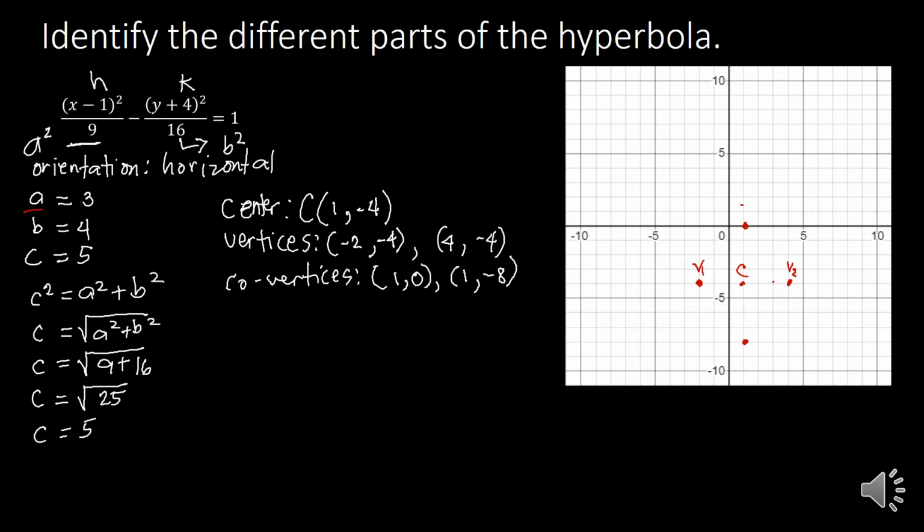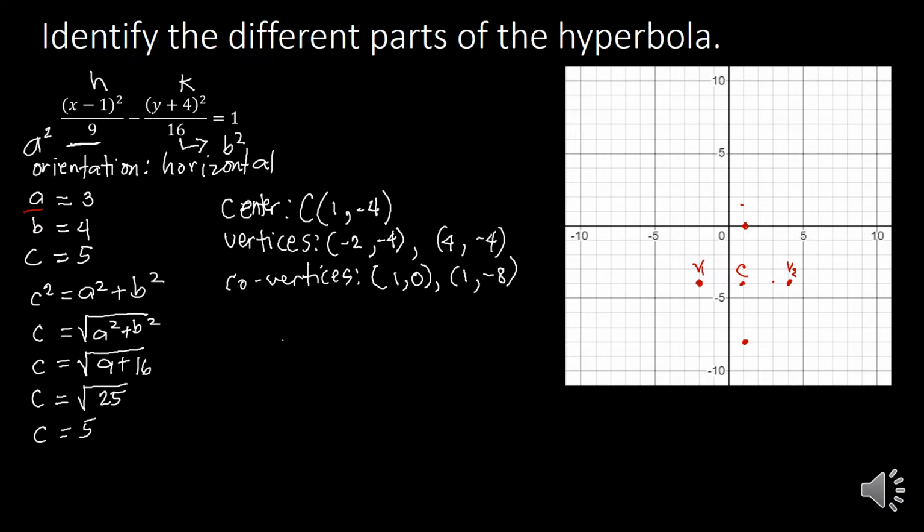So once we're done with the vertices and the covertices, we are going to identify the equation for the asymptote. But before that, we are going to first identify our foci.